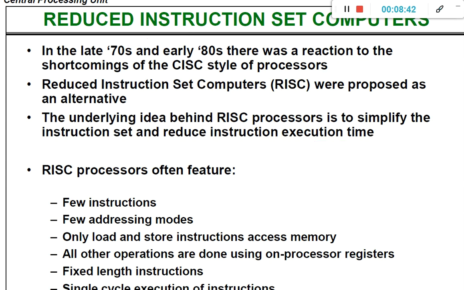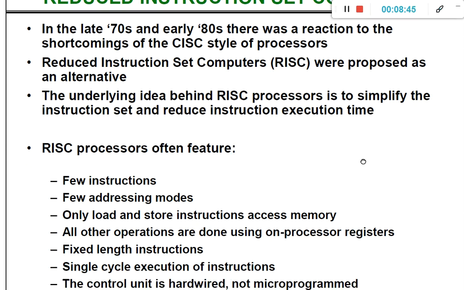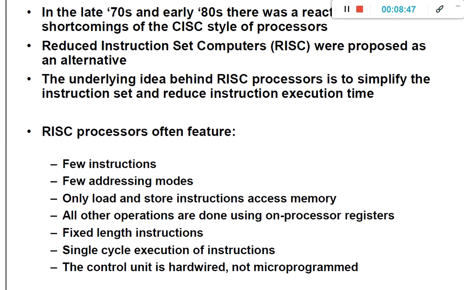Coming to the features of the reduced instruction set computer, here you can see the features. Very few instructions will be there. The number of instructions available is very small. Few addressing modes will be there. Only load and store instructions are used to access the memory.